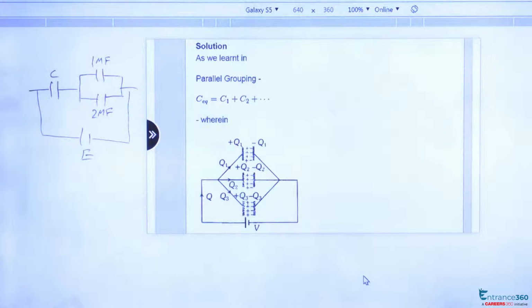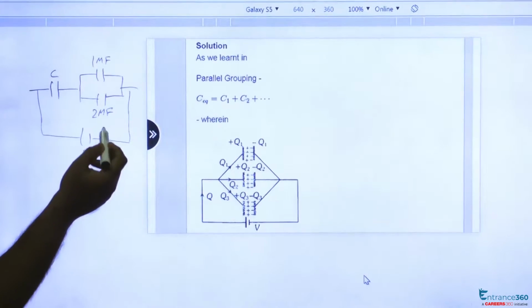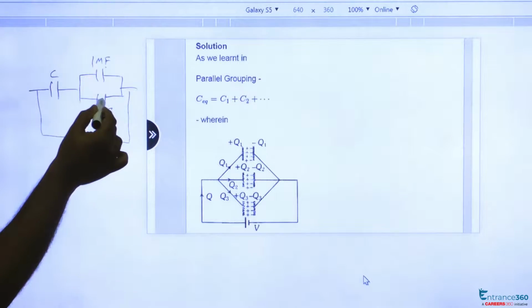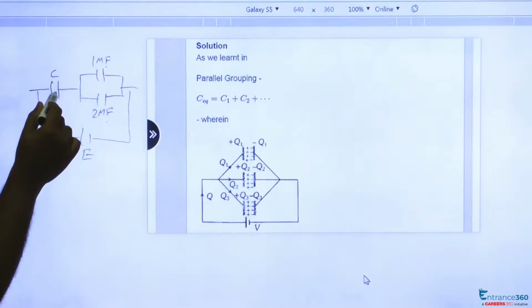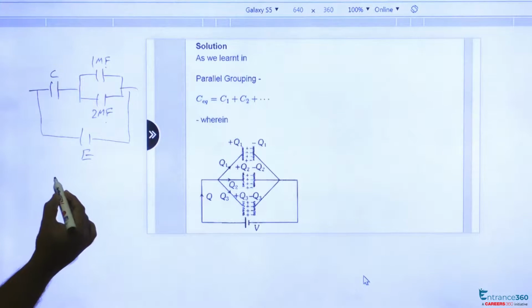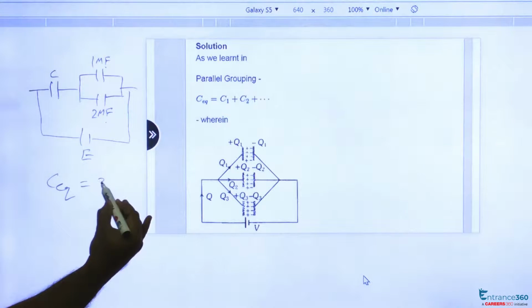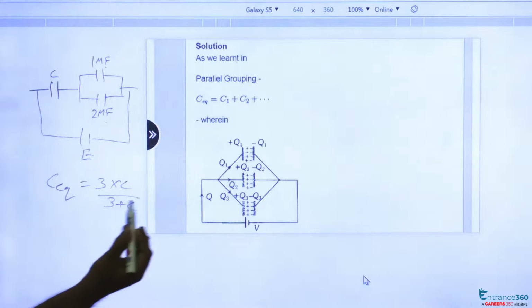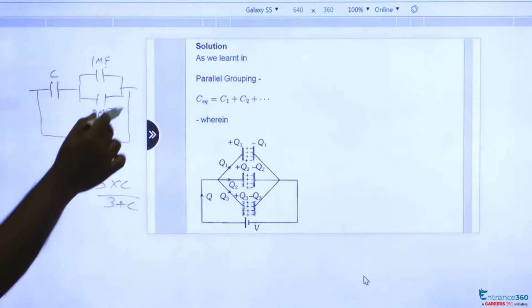For that we have to find the equivalent capacitance of this branch. The 2 and 1 μF are in parallel, so 2 plus 1 is 3 μF, and this total of 3 μF is in series with C. So the equivalent is 3 μF in series with C, which is 3C by 3 plus C. This is the total equivalent capacitance of this branch.